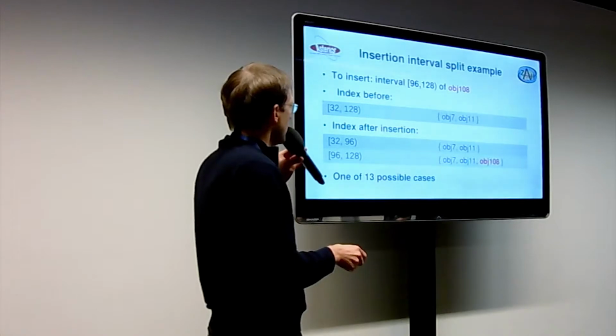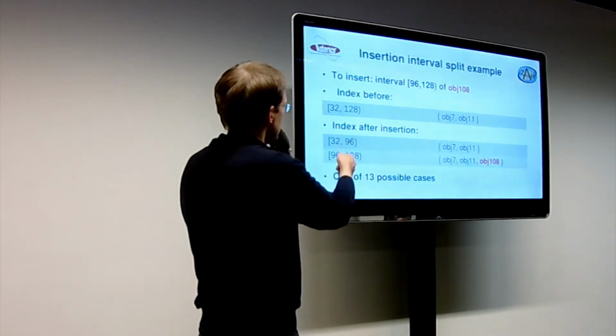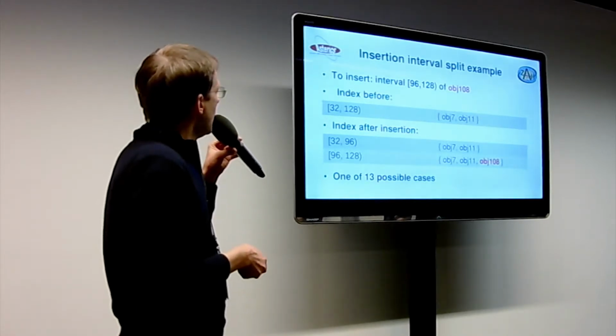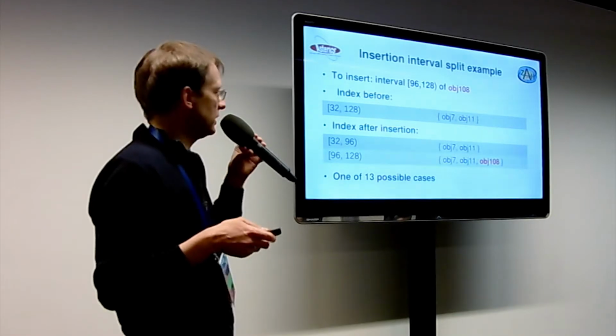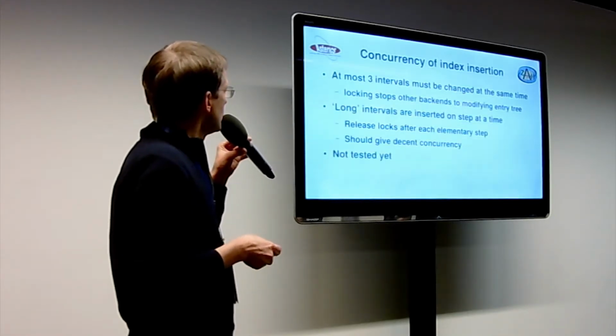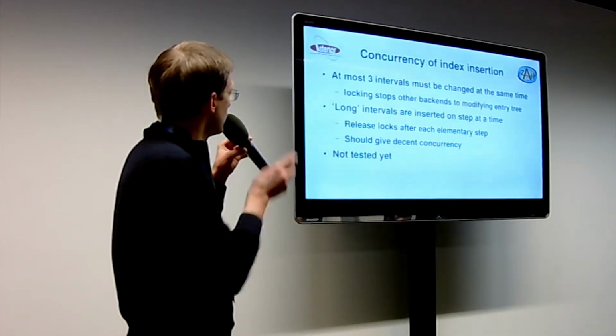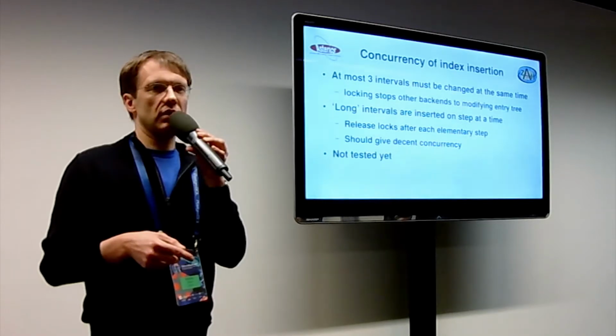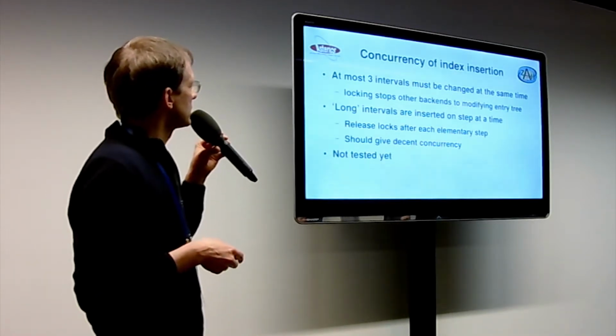Still, when one of these 13 elementary modifications has to be done, at least the index has to be locked for writing. For reading, it should be okay. Okay. The only problem is I basically didn't test it yet, so it could be that I overlooked something.